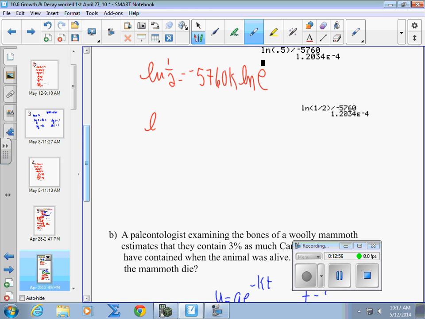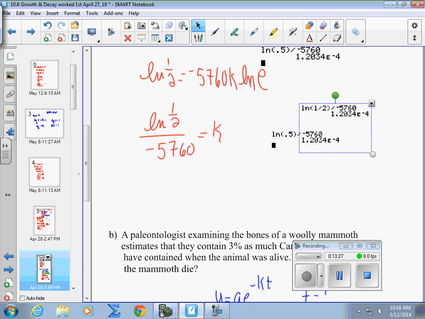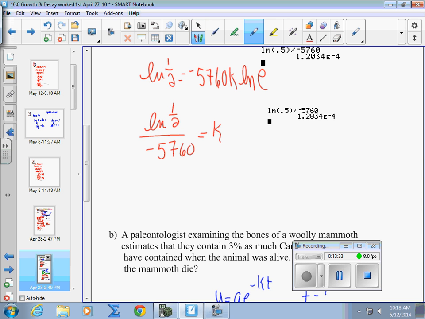So now I have Ln of 1 half divided by negative 5760 is equal to K. When you put this in your calculator, you get Ln of decimal 5 divided by negative 5760, and you see where you get that in scientific notation.